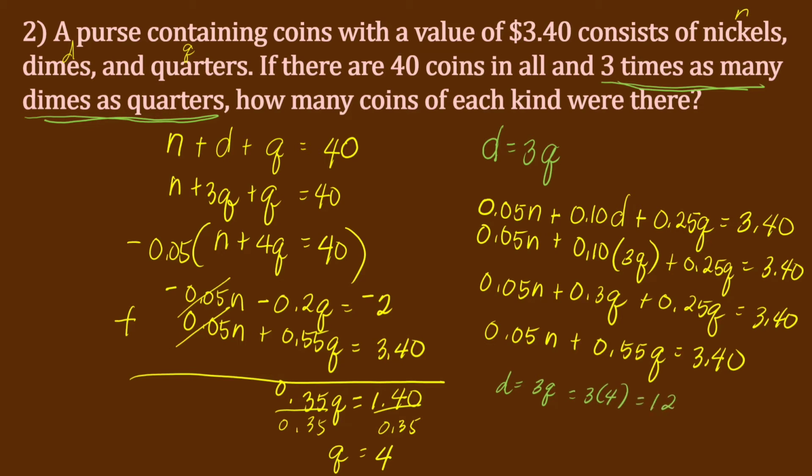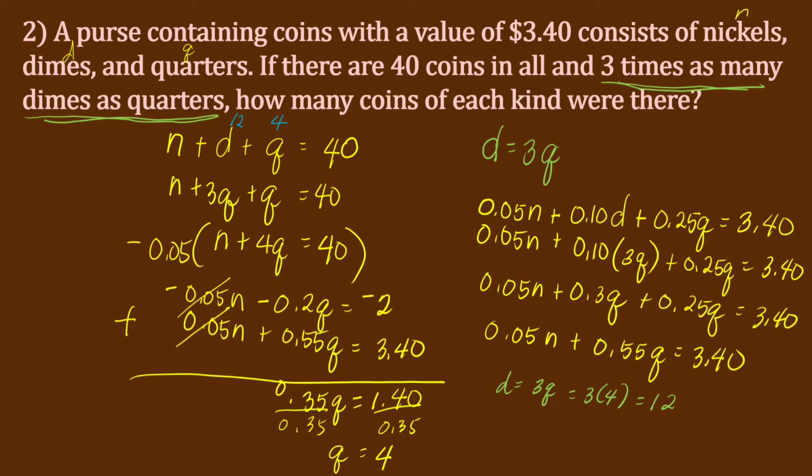And then, all in all, we have 40 coins in the purse. If we have 4 quarters and 12 dimes, that's 12 plus 4, so there are 16 already. 40 minus 16, the number of nickels is equal to 24.